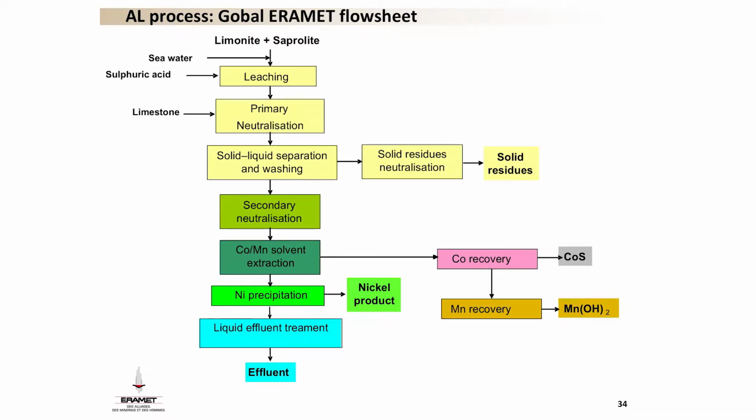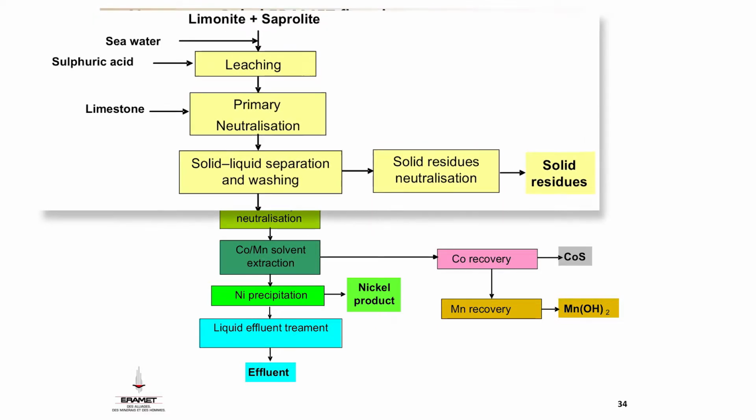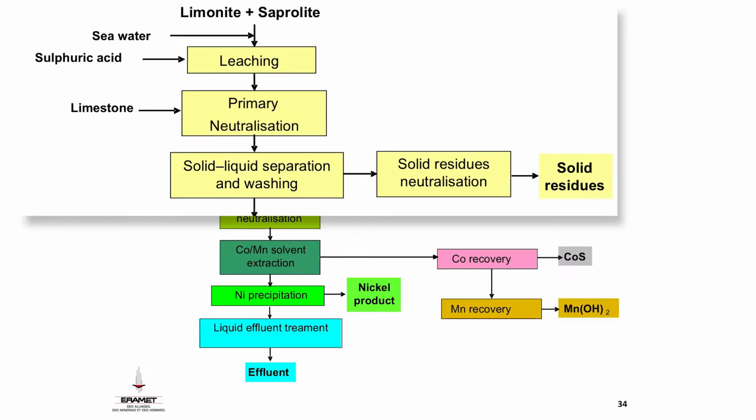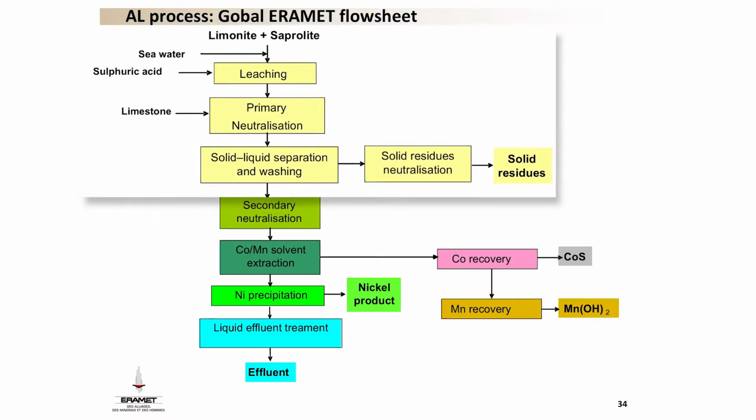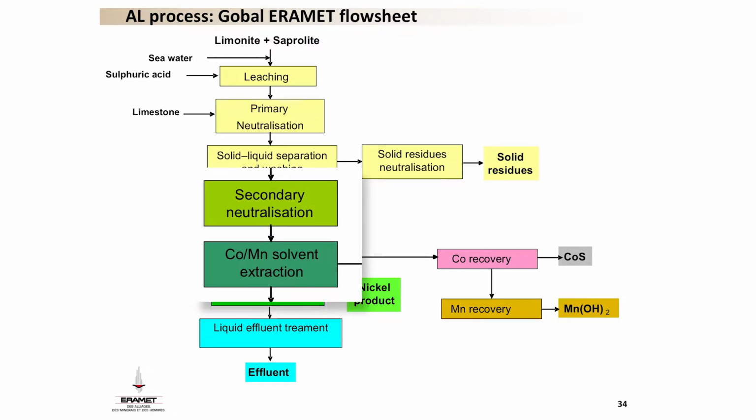How does it work? We have here a simplified flow sheet of the process with the mixture of limonite and saprolite, put in seawater, leaching with sulfuric acid, primary neutralization with limestone to neutralize the acidity, countercurrent decantation to separate the residue from a leach solution.